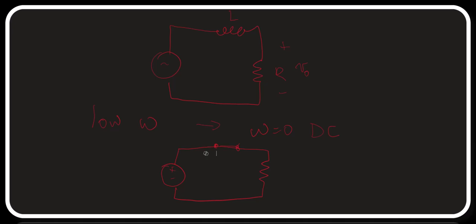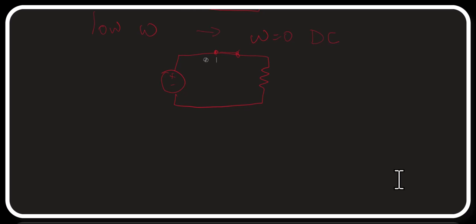At high frequency, remember when a current just first starts flowing, the inductor acts as an open circuit. If you have very high frequency, then the current is going back and forth and back and forth, so it's constantly changing, and that is going to make this inductor act as an open circuit.